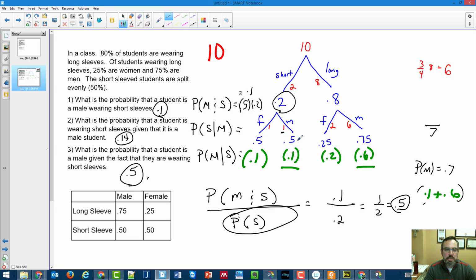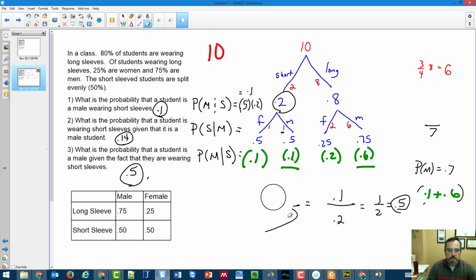Male and short sleeves. We put them together by multiplying these, 0.1 times 0.2. We ended up with our 0.5 times 0.2, half of them. And then same thing here. Now, I put those numbers in here so we could go back and look at them. So let's just take a quick peek at what this says for how many.